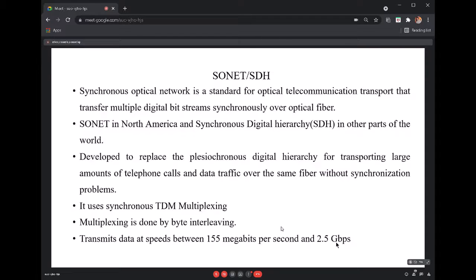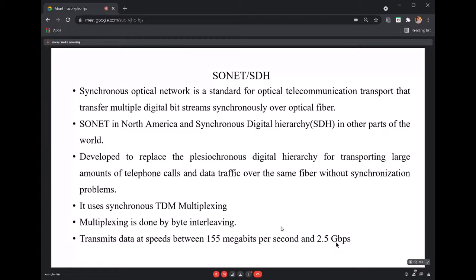If you multiply all that, with the frame time of 125 microseconds, it boils down to 51.84 megabits per second. That is the signal bit rate.